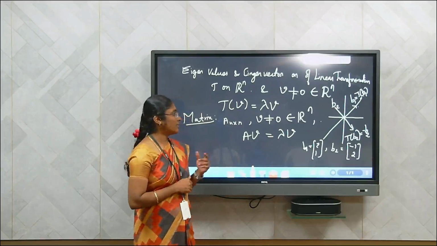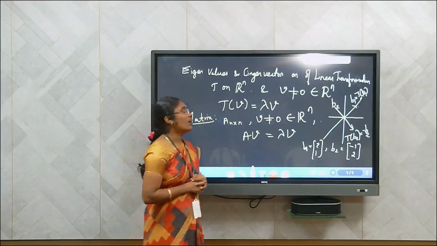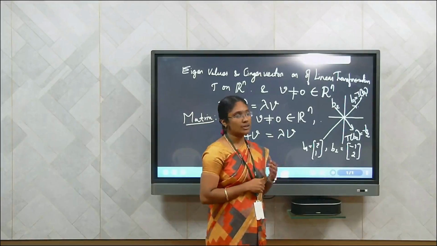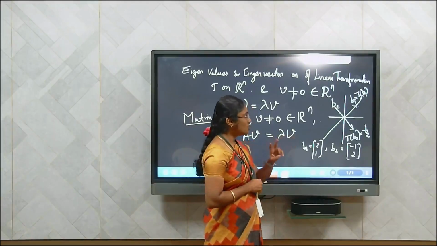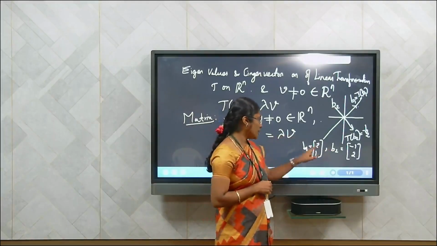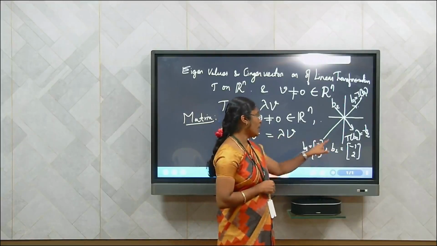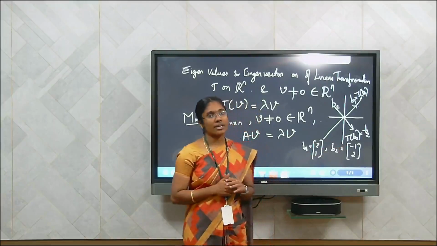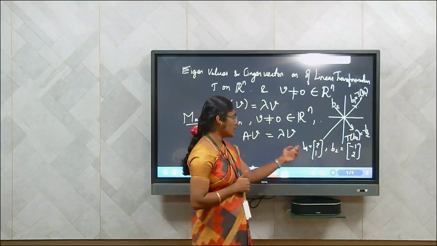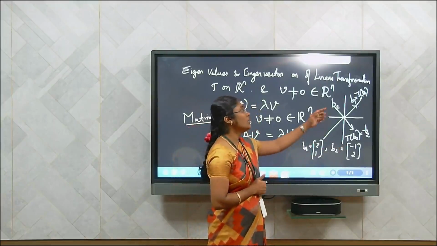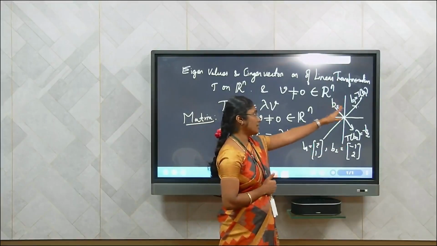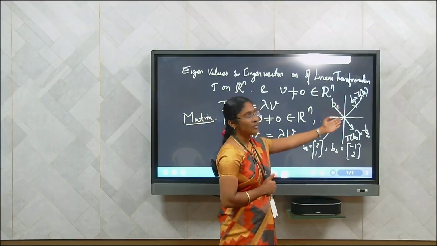So for that we consider a linear transformation which is a reflection about the line y = x/2, and consider two vectors b1 and b2, where b1 is the column vector (2, 1) and b2 is (-1, 2). While considering a reflection about y = x/2, since b1 lies on the line, its transformation gives the same value, that is, T(b1) = b1.